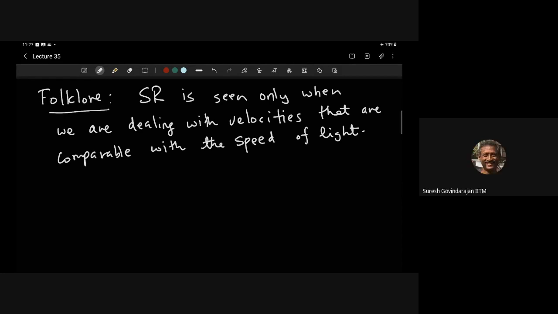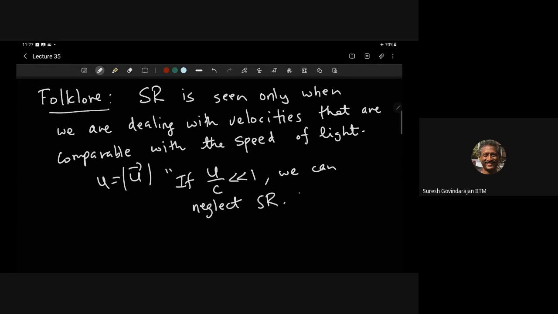The point here is that if velocities are small, so if u is some velocity and its magnitude is u, if u by c is much, much less than 1, we can neglect. This is what we think. Do you agree?